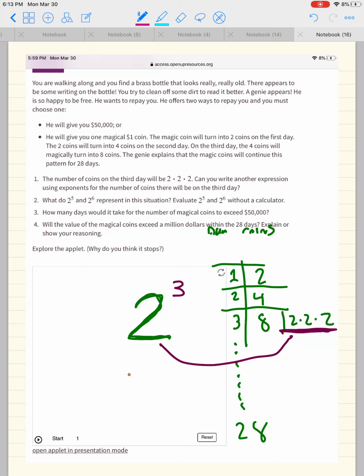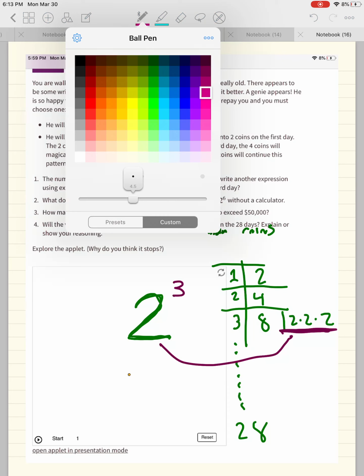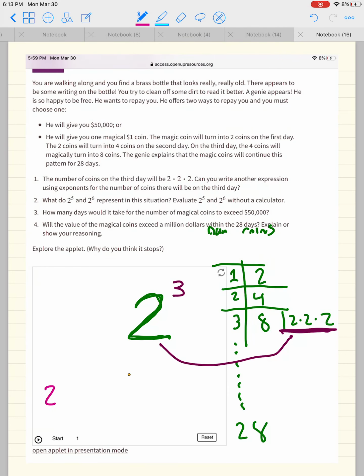Now it says, what does 2 to the 5th and 2 to the 6th represent in this situation? Okay, so 2 to the 5th means 2 times itself 5 times. So 2 times 2 times 2 times 2 times 2. Go ahead and figure out what that would be. Now 2 to the 6th is equal to 2 times itself 6 times.